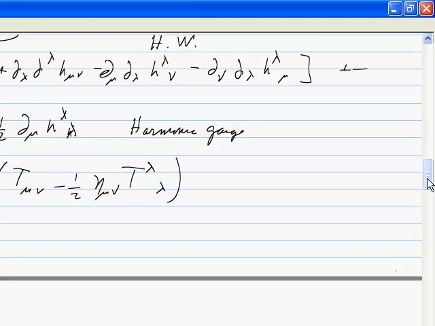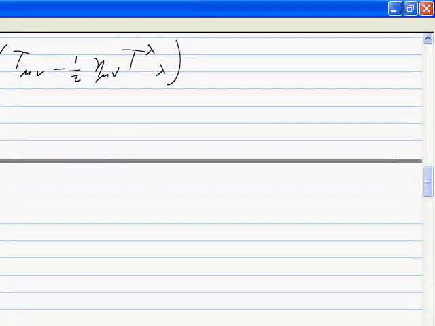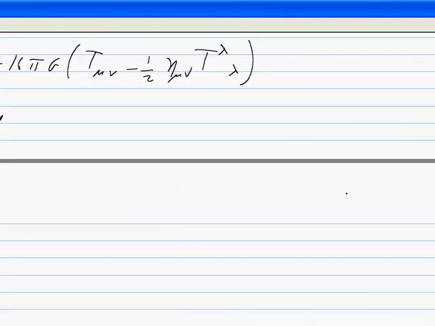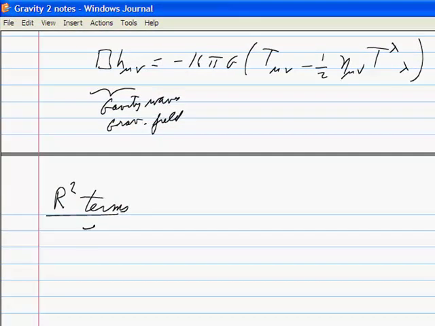Let's come back to the next order terms, the R squared terms. Okay. And let's not pay too much attention to the details. The details have been worked out by Stelle in a classic paper, where I can always get you the reference on that. But the Lagrangian now is this 2 over kappa squared R plus c, some constant times R squared.